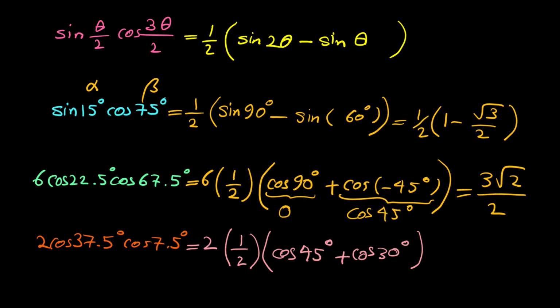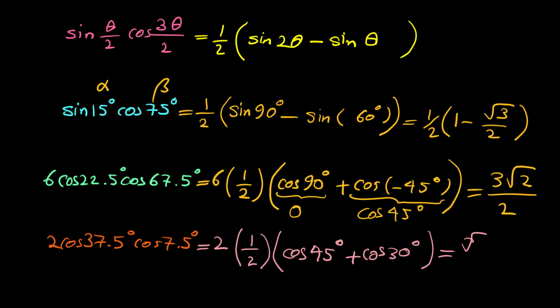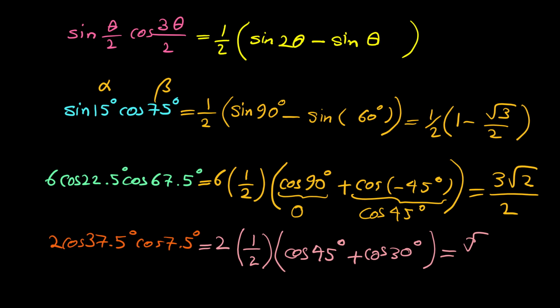Now we have to simplify this answer. 2 times 1/2 is 1. So this goes with this. All of this is 1. So only focus on the inside of the bracket. Cosine of 45 is radical 2 over 2 or 1 over radical 2. Radical 2 over 2 is a better way of writing cosine of 45. So let's write it radical 2 over 2.